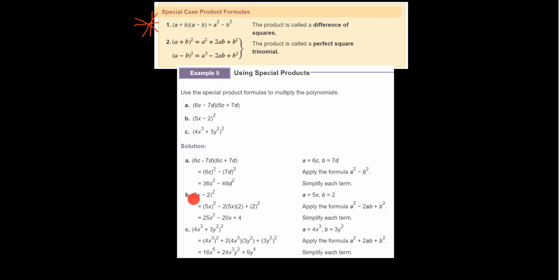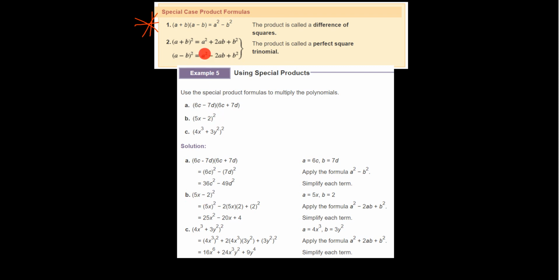B is 5x minus 2 quantity squared. Well, that is the subtraction version of the perfect square trinomial special case product. All we have to do is a squared minus 2ab plus b squared. In this particular case, the a is 5x and the b is 2.